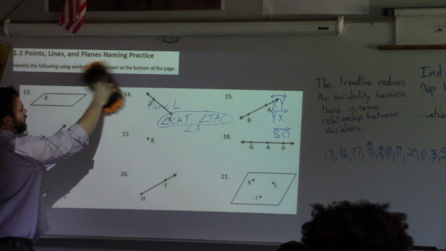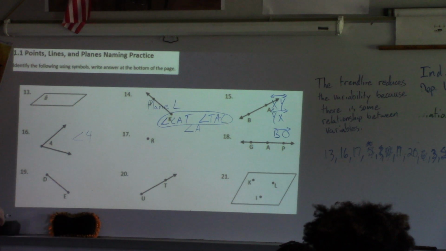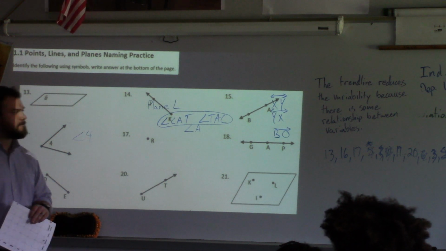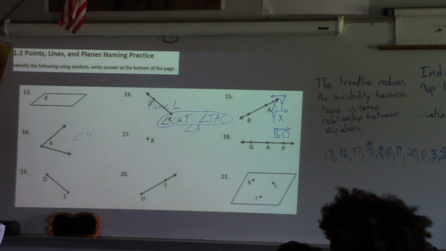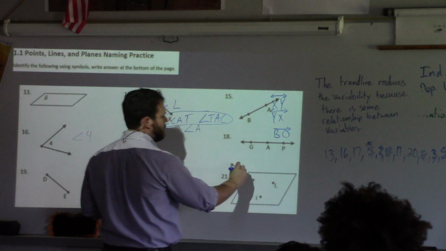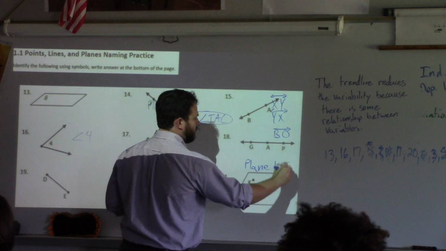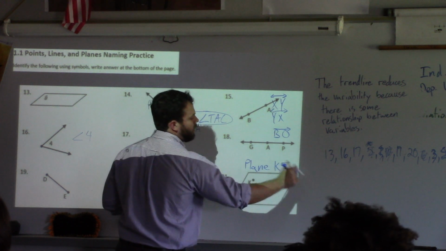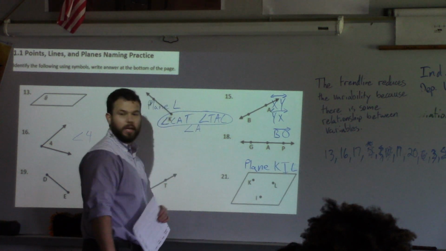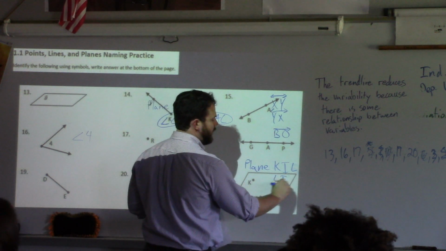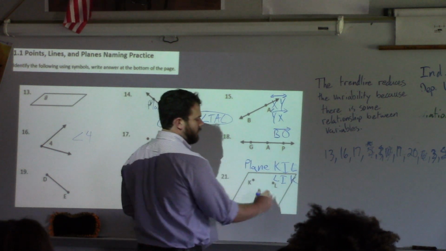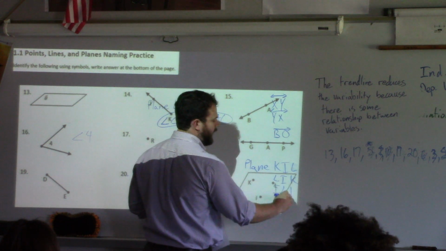Can you do number 21? Any guesses on 21? Second plane, what letters? Alright, it's plane KIL. Do you think it has to be in that order? It'd be LIK. Anything else? What about ILK?